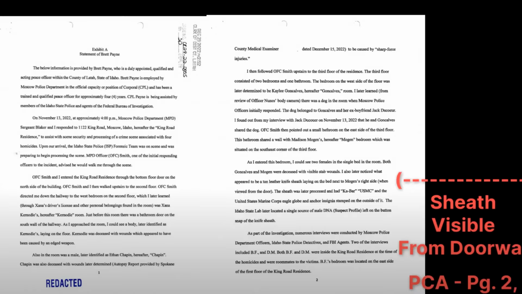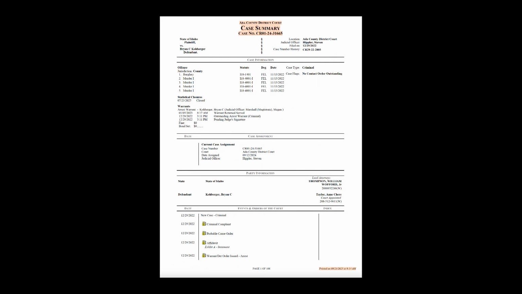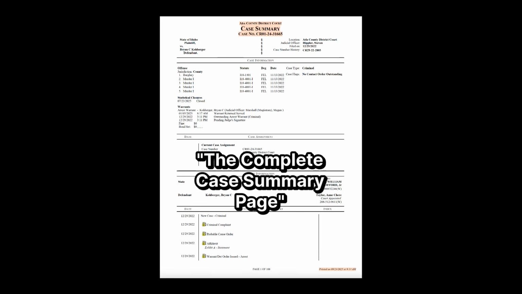This is the document the probable cause order is based on. And then the warrant. Page 18 of the affidavit of probable cause asked for the warrant for Mr. Kohberger's arrest, and it was granted that day. Again, Judge Megan E. Marshall. And that takes us to the bottom of page 1 of the, what I call, complete case summary page.